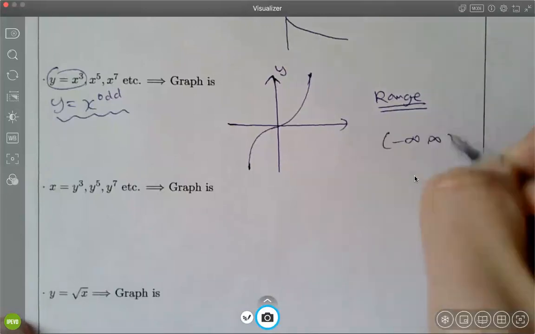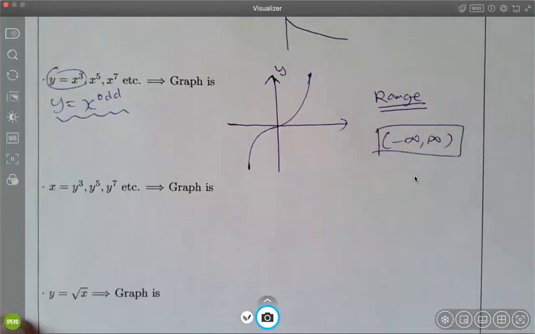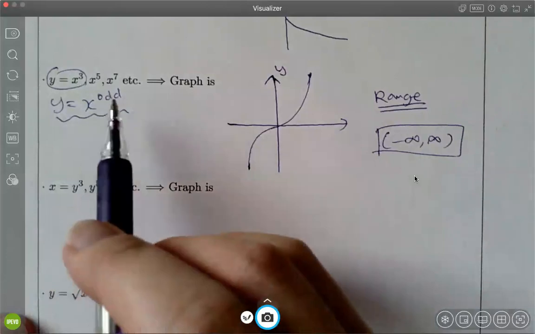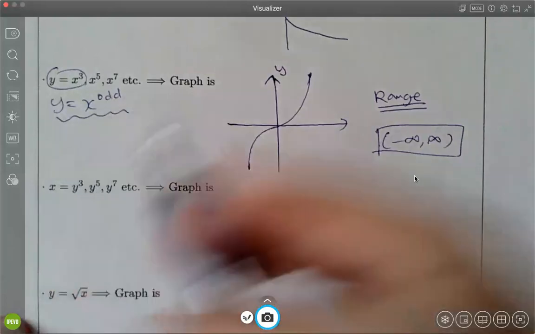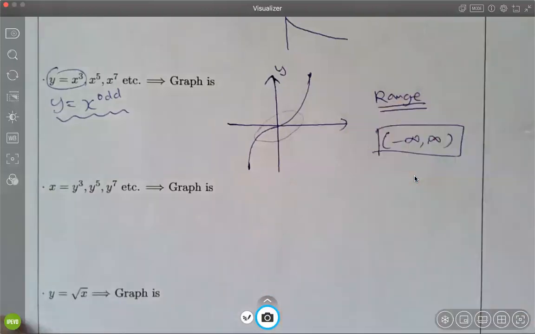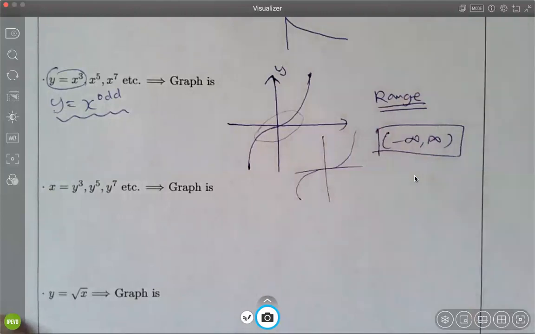Same thing, everything. Okay. So again, when you increase the power, which is the odd number, what happens is this portion becomes a bit flatter, something like this. That's all. Okay, so the range remains the same.